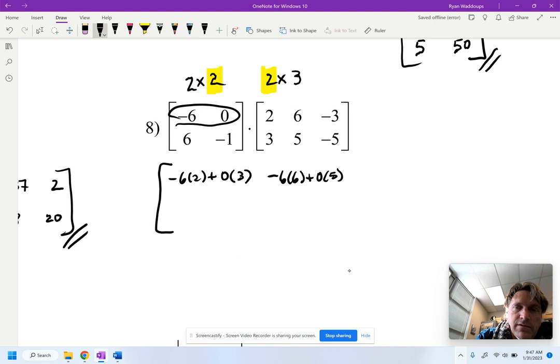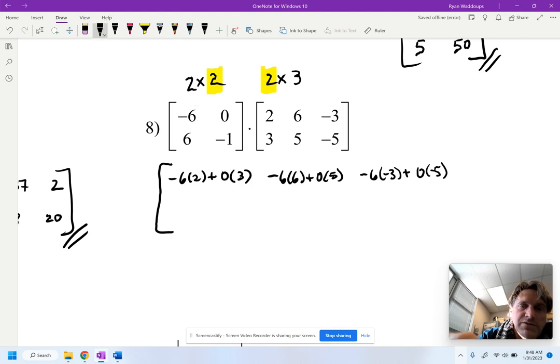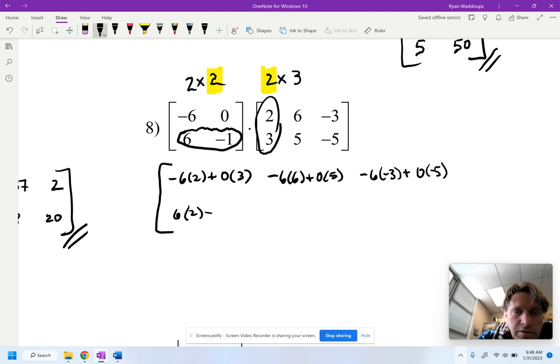And then moving over, negative 6 times negative 3 plus 0 times negative 5. Now we go to the next row. So we would next do second row, first column. So we've got 6 times 2 plus negative 1 times 3.